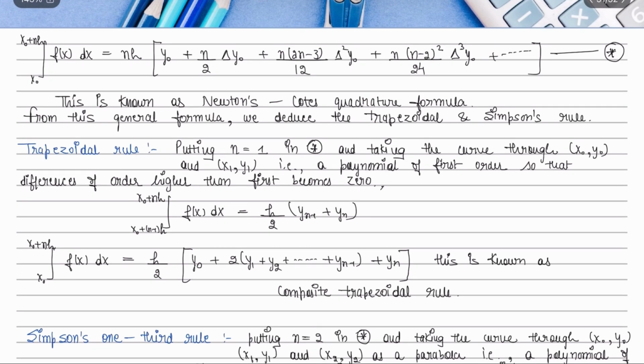Firstly, we have derived an equation number star which was known as Newton's Cotes quadrature formula, and this is a general formula which will be helpful in deducing trapezoidal and Simpson's rules. Taking the value of n equals to 1 in equation number star, we have derived trapezoidal rule, which is generally written as this.